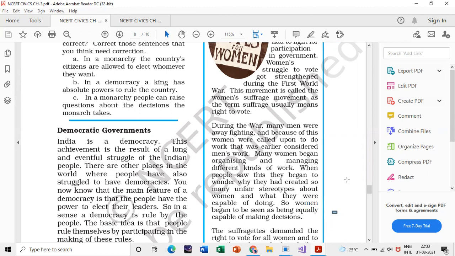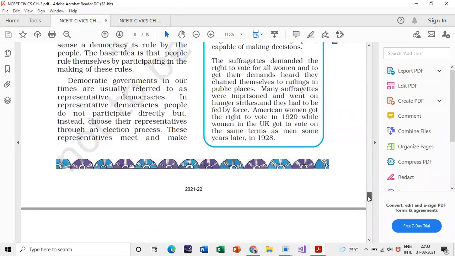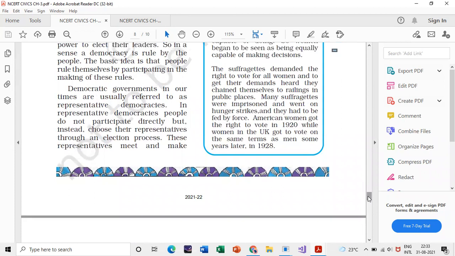Or you can get questions like, what was the significance of the women's suffrage movement? And in the last paragraph is the answer. The entire paragraph you have to read very carefully, but this last paragraph is very important. Why?